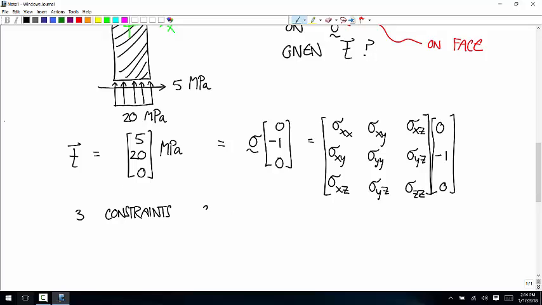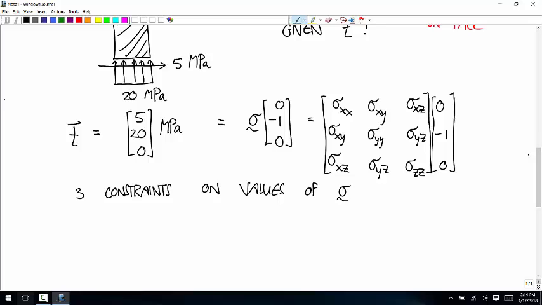Three constraints on the values of the stress tensor. The first one says 5 is equal to, well, let me write it in vector form first. So we have 5, 20, 0 is equal to, what do you get if you multiply this matrix times this vector?